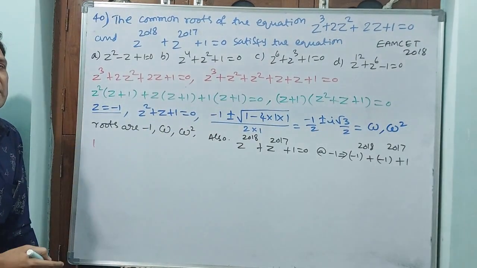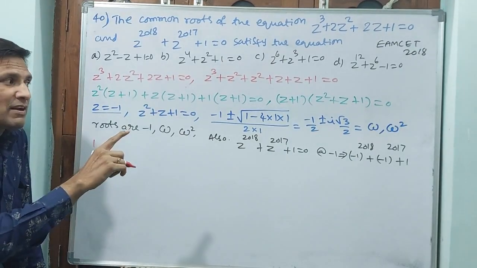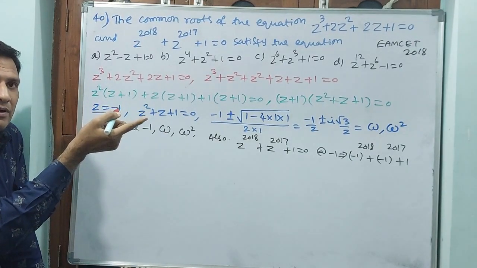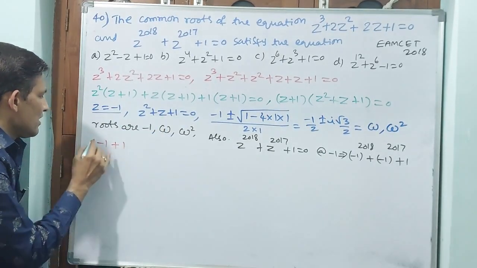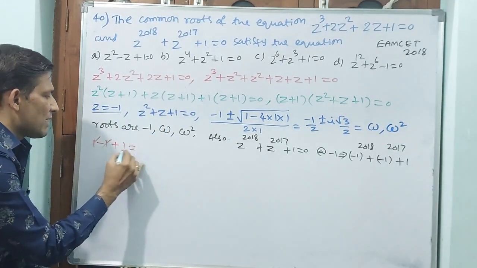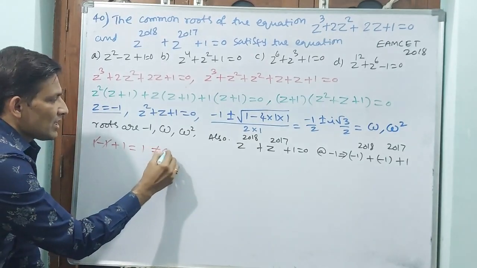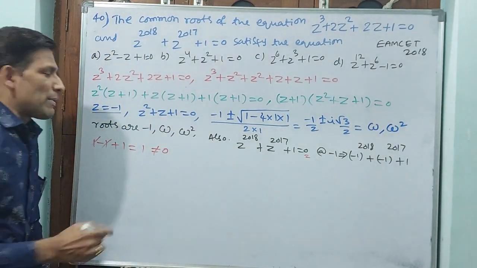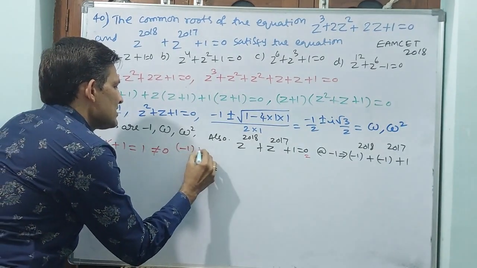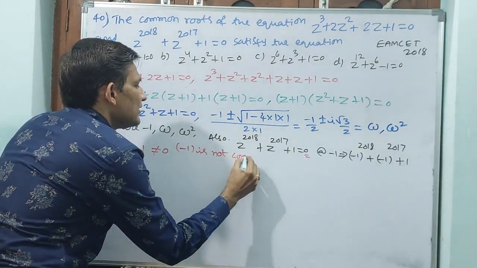Minus 1 power 2017 is odd power, so minus 1. Again plus 1. You see, plus 1 minus 1 got cancelled, but 1 will come. But this is not equal to 0, the RHS. Minus 1 is not common root, write down.